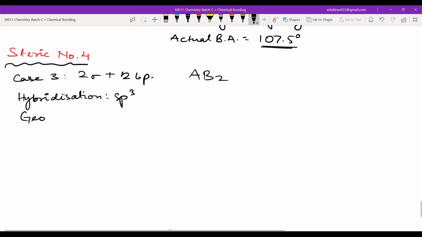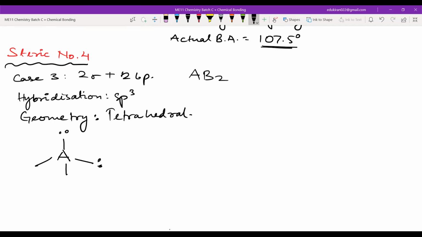The geometry here will be tetrahedral. In the NCERT book, you will see that the electron pairs, which are the lone pairs, are drawn like this. Now, then the shape: bent. Very good.